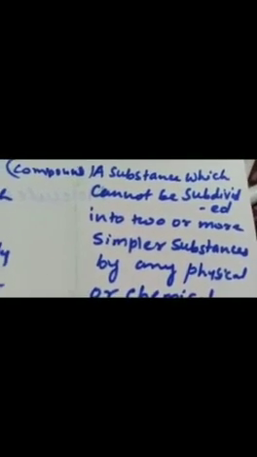So an element is a substance which cannot be subdivided into two or more simpler substances by any physical or chemical means. And when they are different, they form compounds or mixtures or the other types of matter. So matter may be made up of the same type of atoms or different types of atoms.